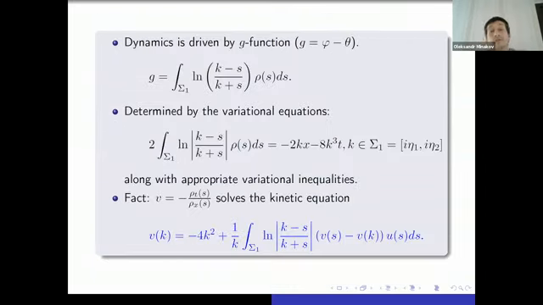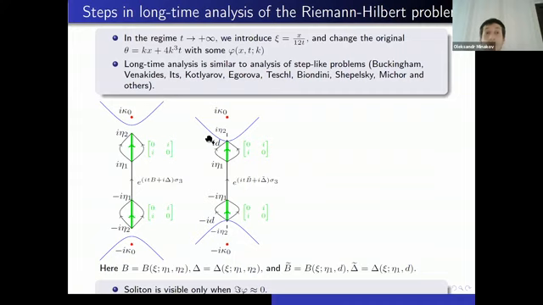Well, yes, okay. As I already said, the main point in the analysis, if you want to capture the position of the soliton, is not with the jumps on this part of the contour. The position of the soliton is determined when these blue lines intersect or come close to this point i kappa 0.